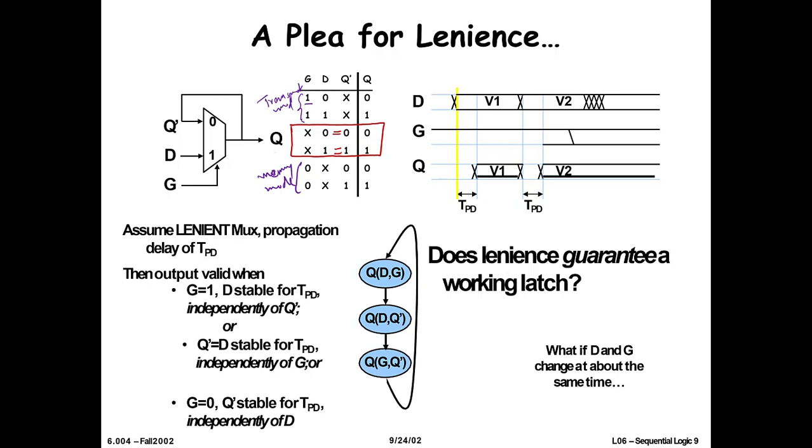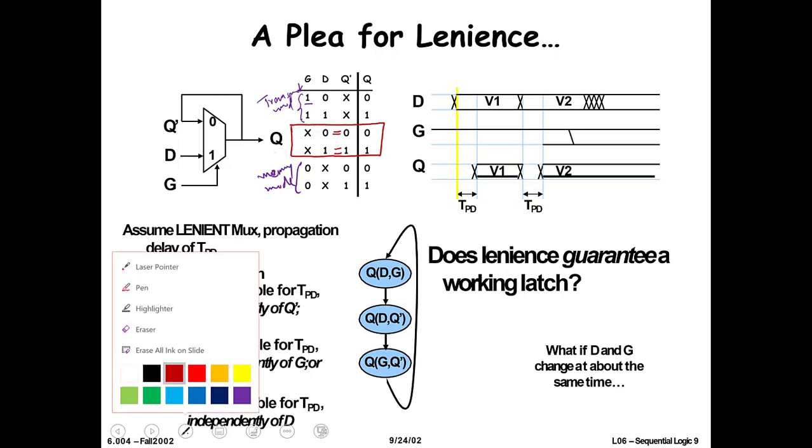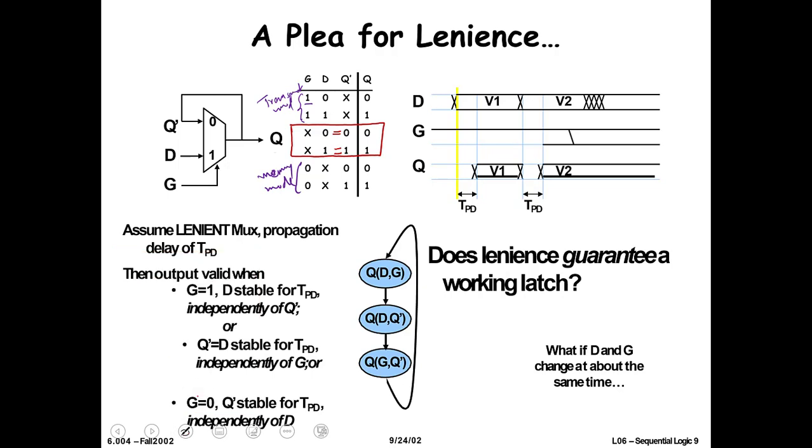Whenever you have D and Q prime equal, at that point the value of gate is don't care. It is like you want to select between two things, but both things are equal, so it is irrelevant what the value of G or gate signal is.